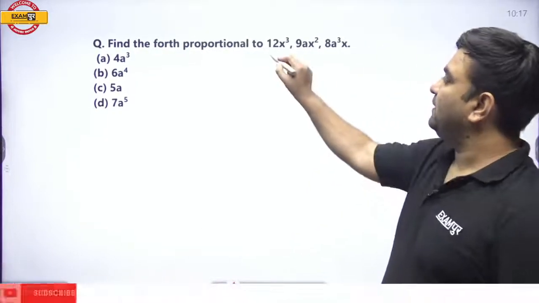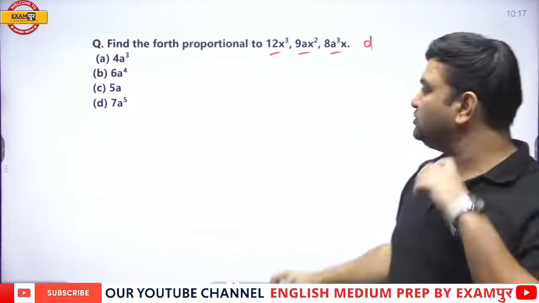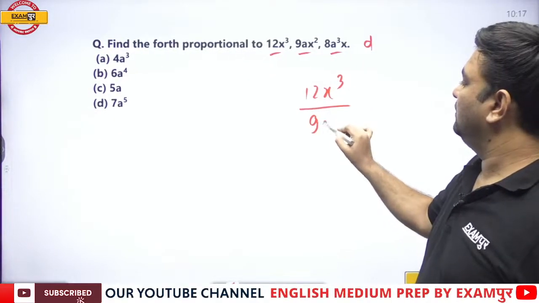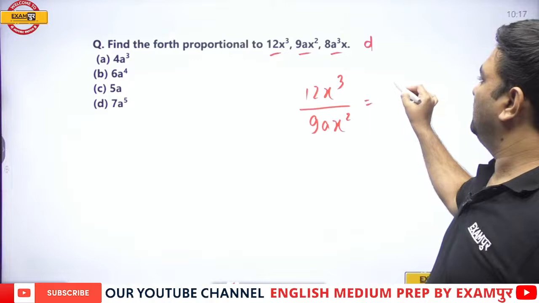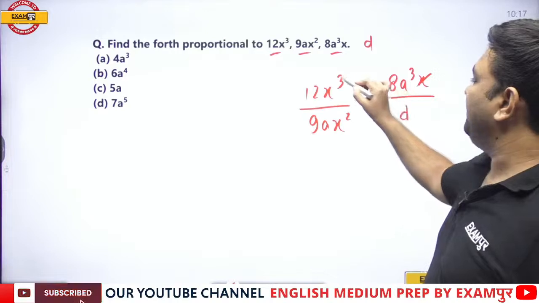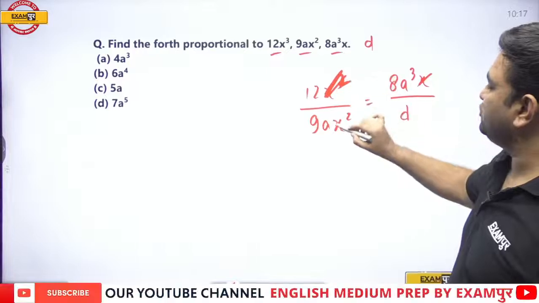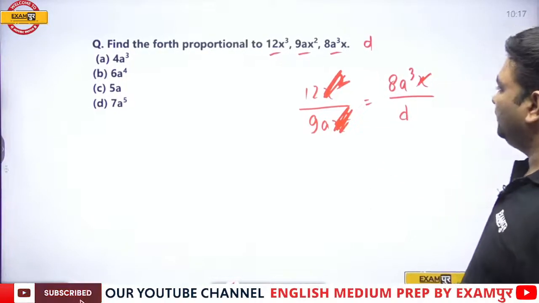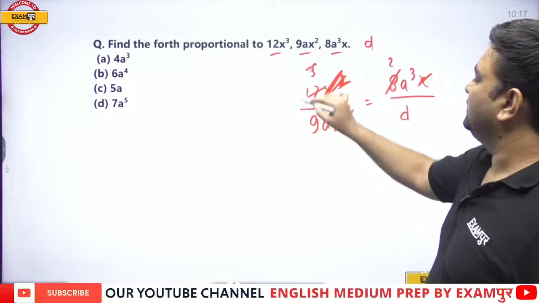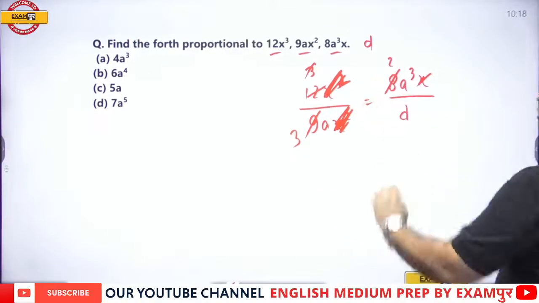Fourth proportional, A upon B is equal to C upon D. X will simplify with x, so x square will remain. Then 4 2 ja, 4 3 ja, 3 3 ja. So here only 3a is remaining, here 2a cube is remaining.